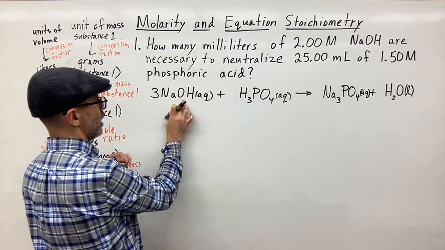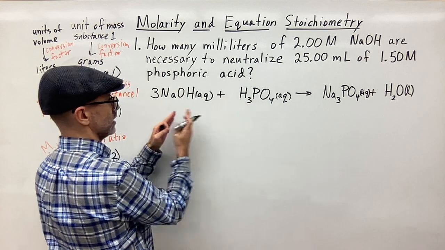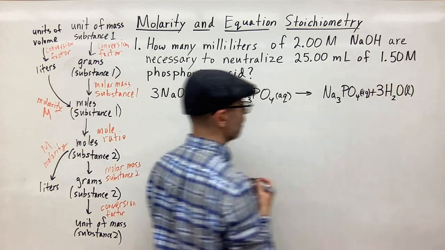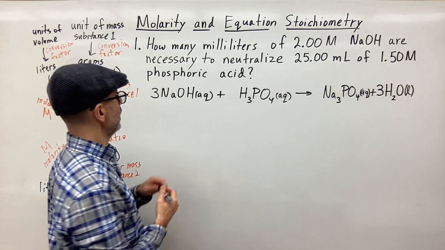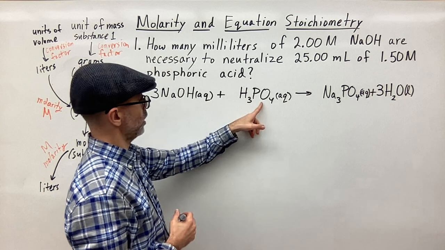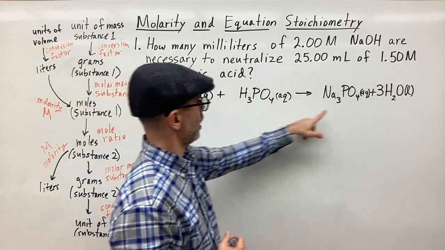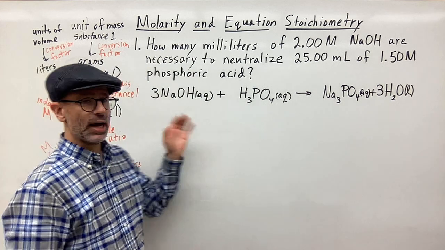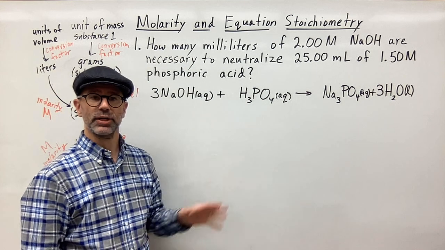So I have 3 hydroxides, 3 hydrogens. That's going to come together to form 3 waters. So I should have a 3 here. And then I have my phosphate here. So I have 1 phosphate here. I have 1 phosphate. So that's balanced. So everything's balanced here. So now that I have my balanced equation, I can do my stoichiometry.